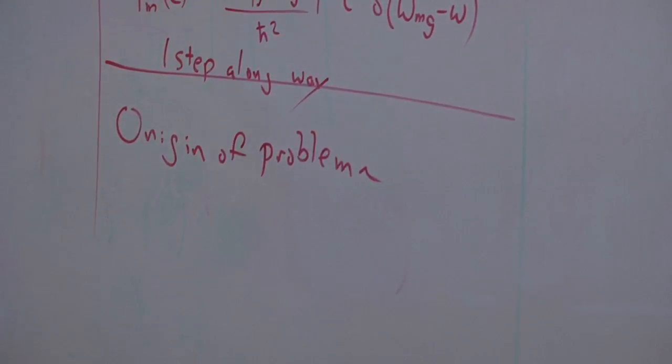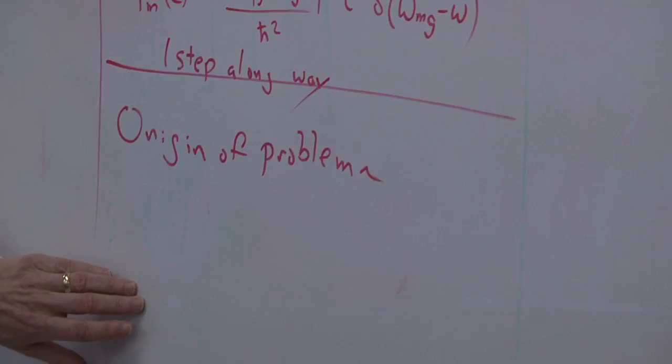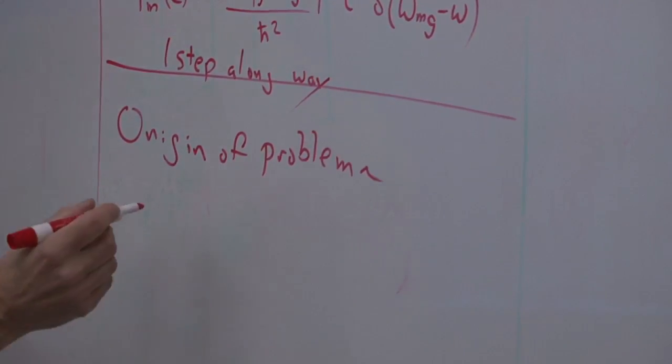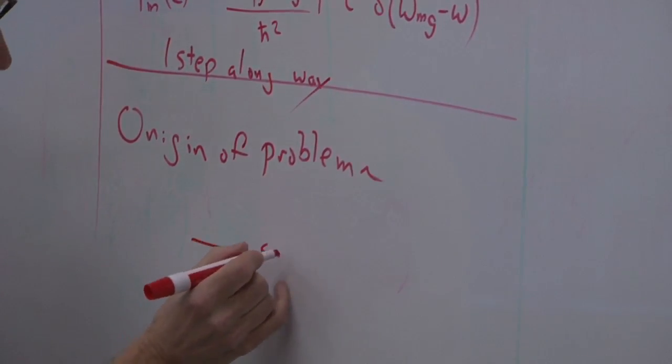Now you ask yourself, what was it about the calculation that we did? I mean, Schrodinger's equation was not wrong. I don't think we made a mathematical mistake. So what was it in this calculation that gave rise to this unphysical answer? And it was that we assumed that this is infinitely sharp.